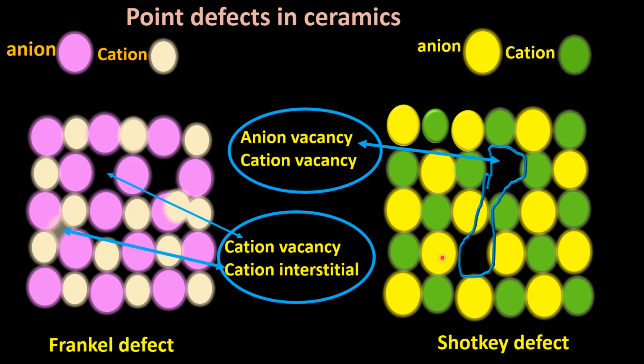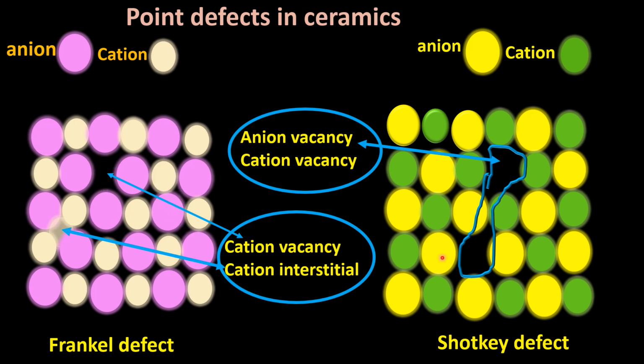When there is a cation vacancy and an anion vacancy, it means the defect is created by removing one cation and one anion from the interior of the crystal and placing both of them at an external surface. Both the cation and anion have the same charge.